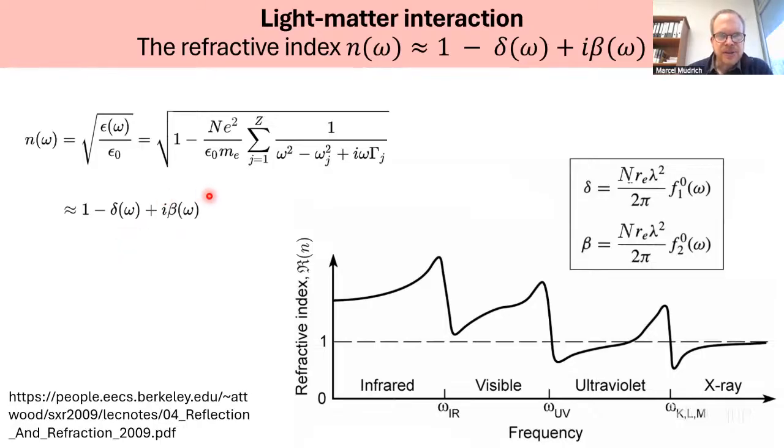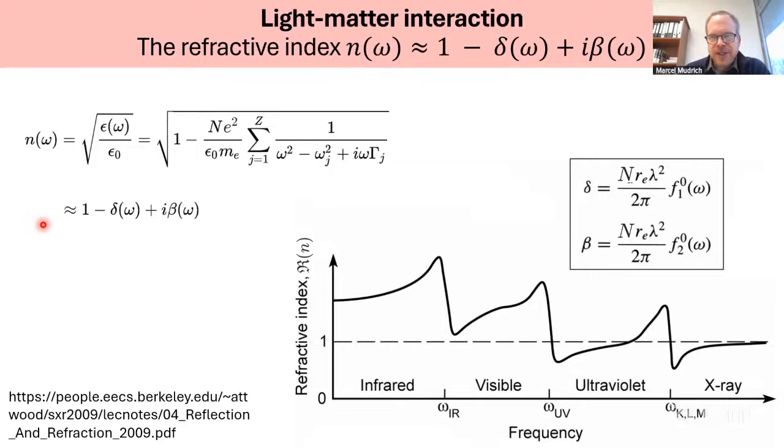But then there's also an imaginary component, which is the component that leads to absorption and to attenuation of the beam. But this is probably quite well known to you in the visible range.